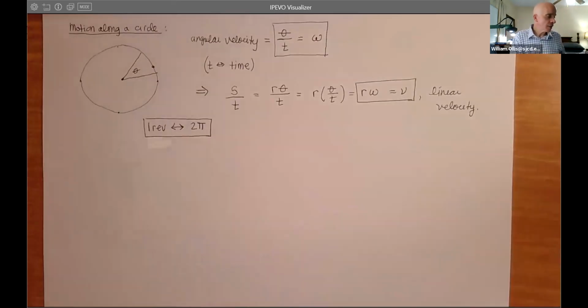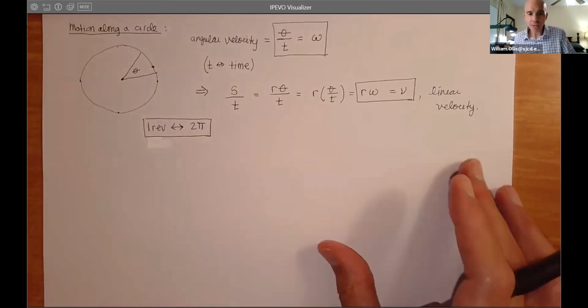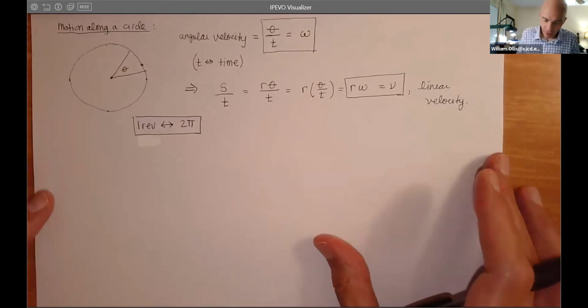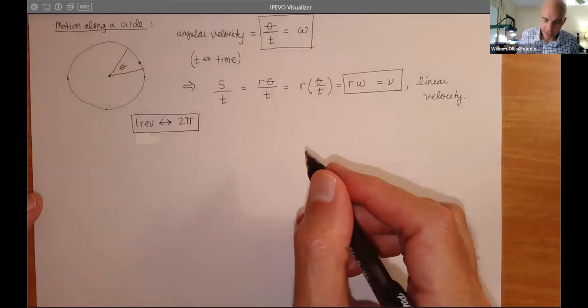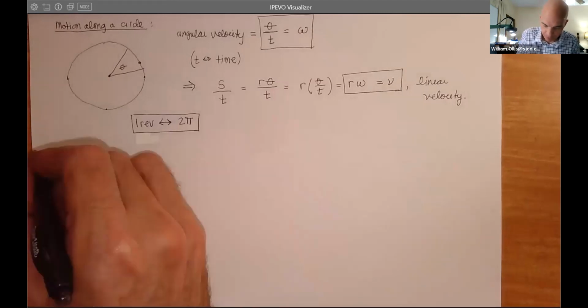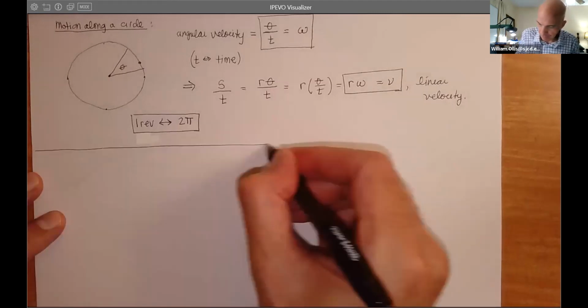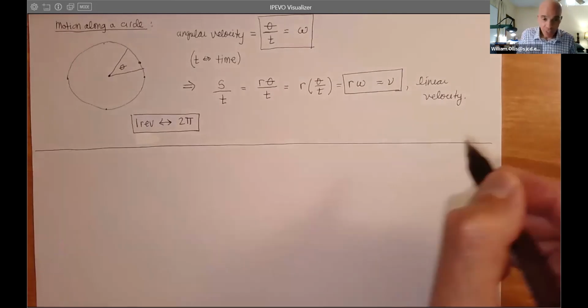Now, what I want to do is look at an example using this angular measure. So, for instance, here's an example where we can utilize some of the topics that we've developed in this class. And here's an interesting example.